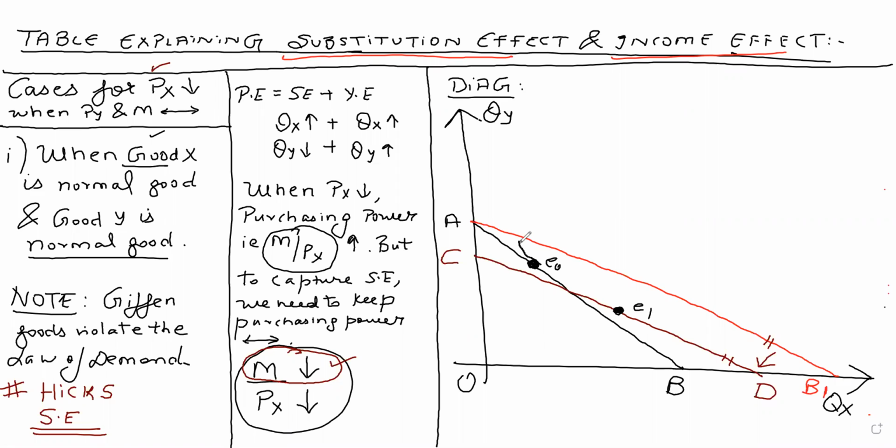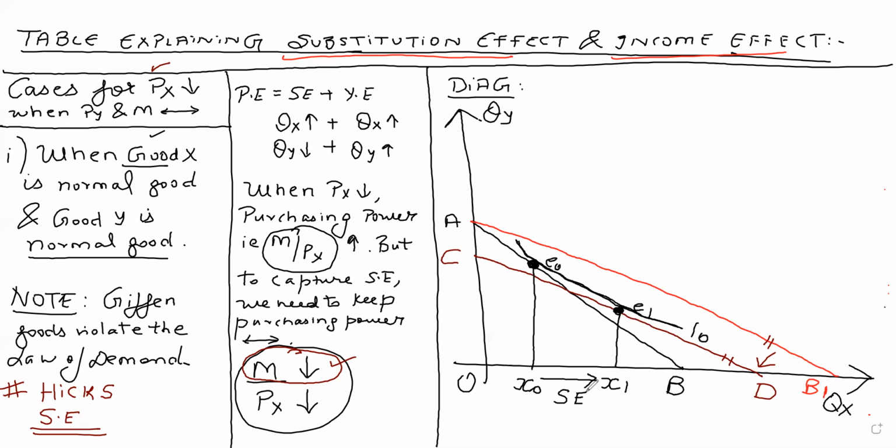So I can draw an indifference curve like this. Let me call this indifference curve I0. You can clearly see initially the consumer was consuming this much amount of X. Now the consumer is consuming this much amount of X. Movement from X0 to X1 denotes the substitution effect.